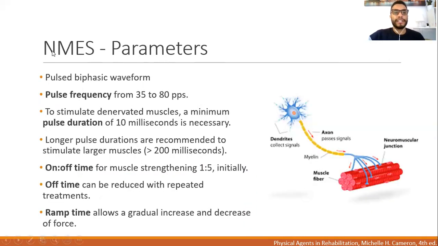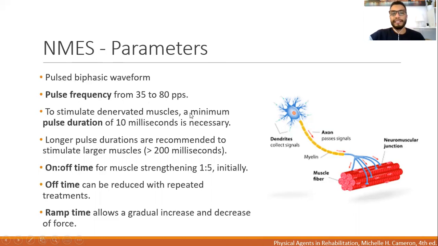The parameters for neuromuscular electrical stimulation. Normally the waveform used in this type of electrical stimulation is pulsed biphasic waveform. The pulse frequency ranges from 35 to 80 pulses per second. To stimulate the innervated muscles, a minimum pulse duration of 10 milliseconds is necessary.